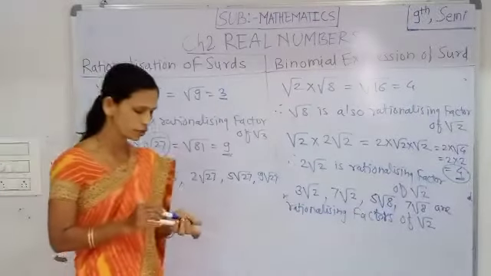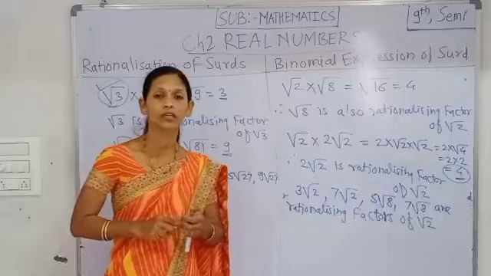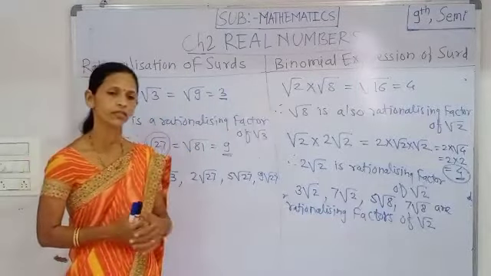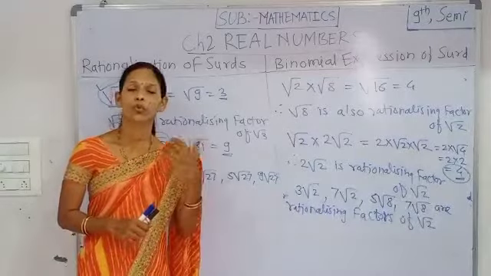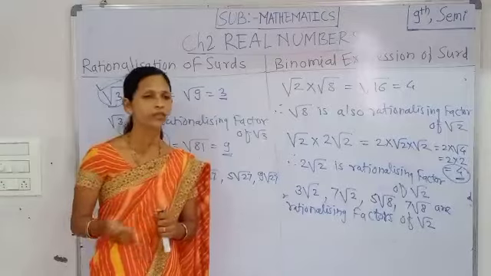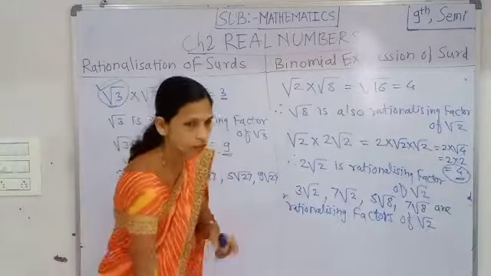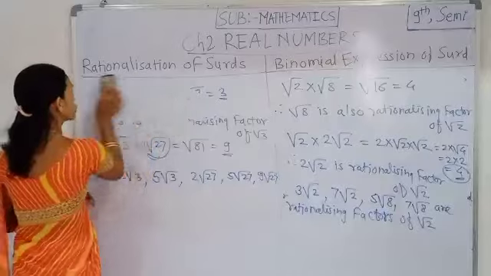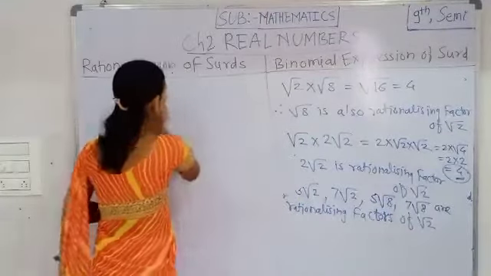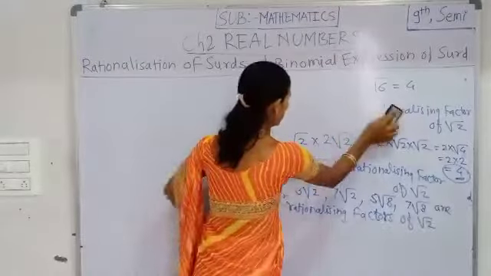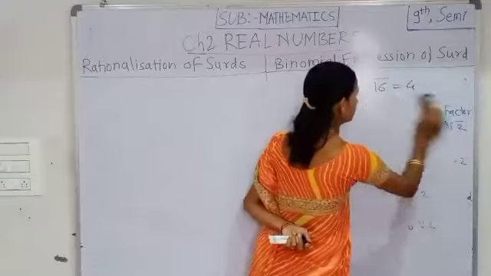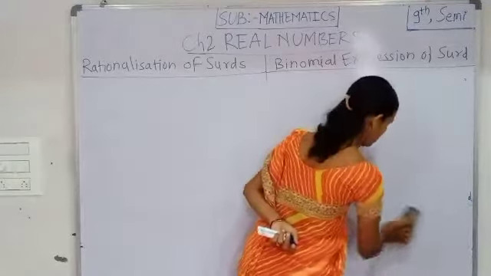That is about the rationalizing factors of a surd, and those rationalizing factors are useful to rationalize the denominator of a given surd. Now we have to solve a few examples from practice set 2.3, question number 8.